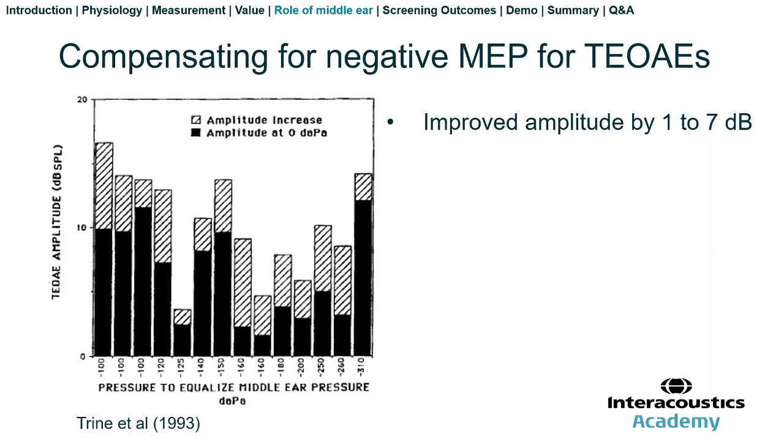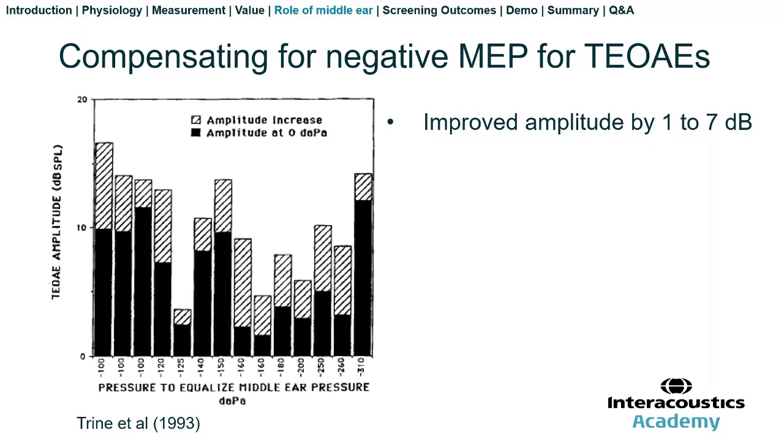Trine et al. in 1993 studied the effect of negative middle ear pressure below minus 100 decapascals. And they were also looking at an effect of compensating for that negative pressure. And so relative to ambient pressure, the overall level of the emissions improved by about 1 to 7 dB by compensation of negative middle ear pressure.